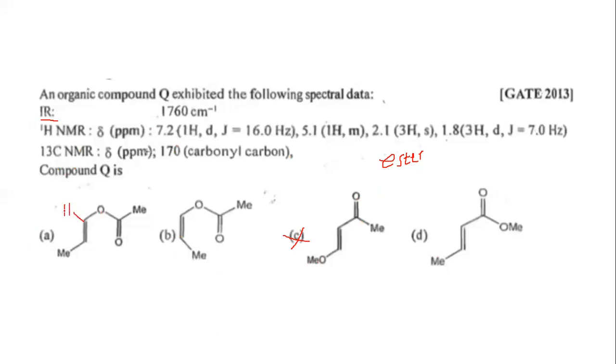In the case of A, we have 2 hydrogens which are trans alkene. And we have 2 hydrogens over here which are cis. And we also have 2 hydrogens in D which are trans.